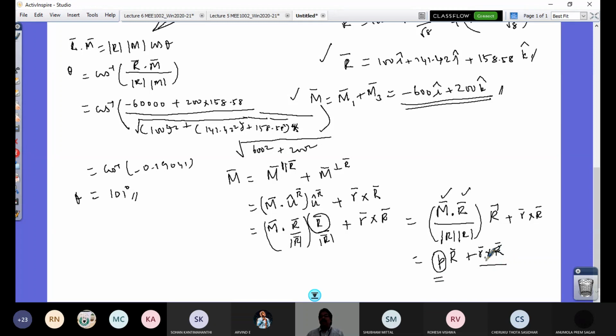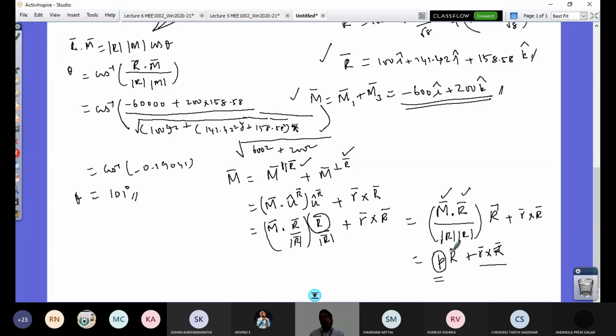Right? And I can also have this now. So how do I reduce this to a wrench? Now I have to find out this parallel component. This I have found out, and I can get the perpendicular component after that by taking this vector on this side. Getting this is easier because it's pitch times r. Pitch is given by this, which is all known data in this problem.